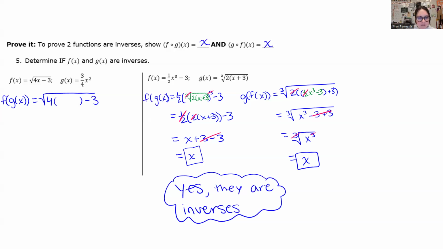So if I plug in my g function, I have 3/4 x squared. Now I'm going to see if anything can cancel. What I notice is that if I'm multiplying by 4 and dividing by 4, those are inverse operations, so those can cancel out.